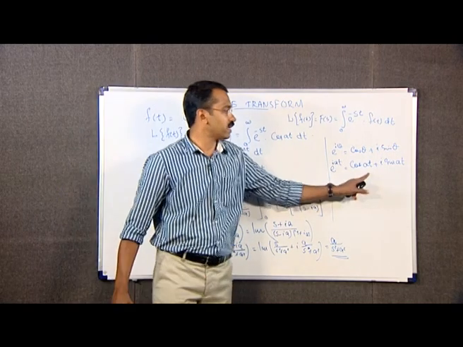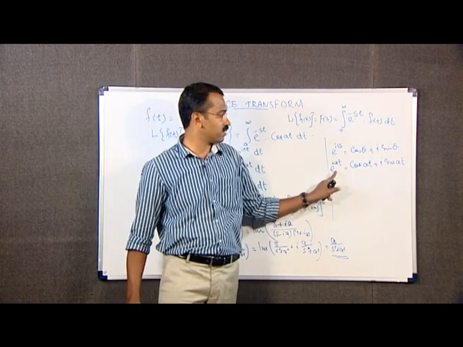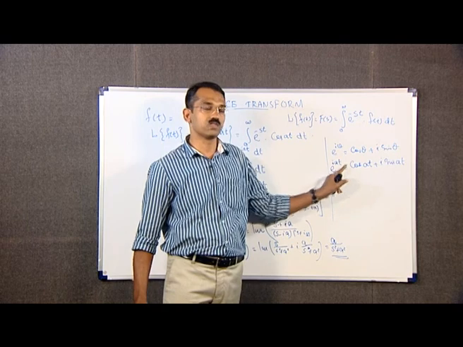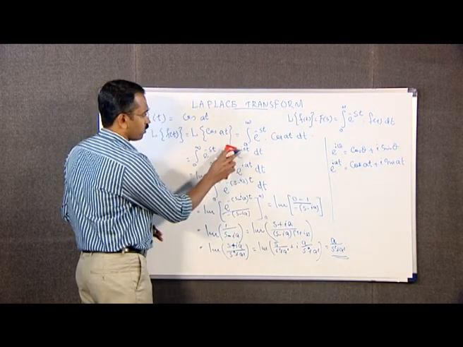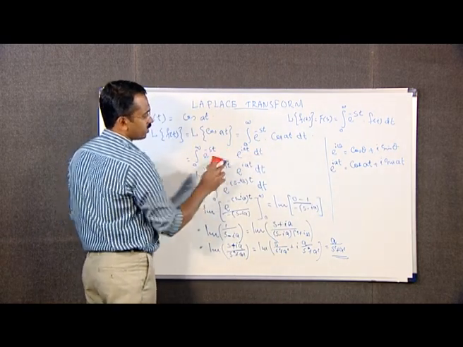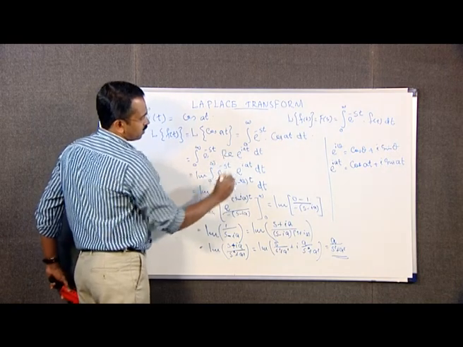From here we can write cos(at) as the real part of e^(iat). Therefore, cos(at) is the real part of e^(iat).